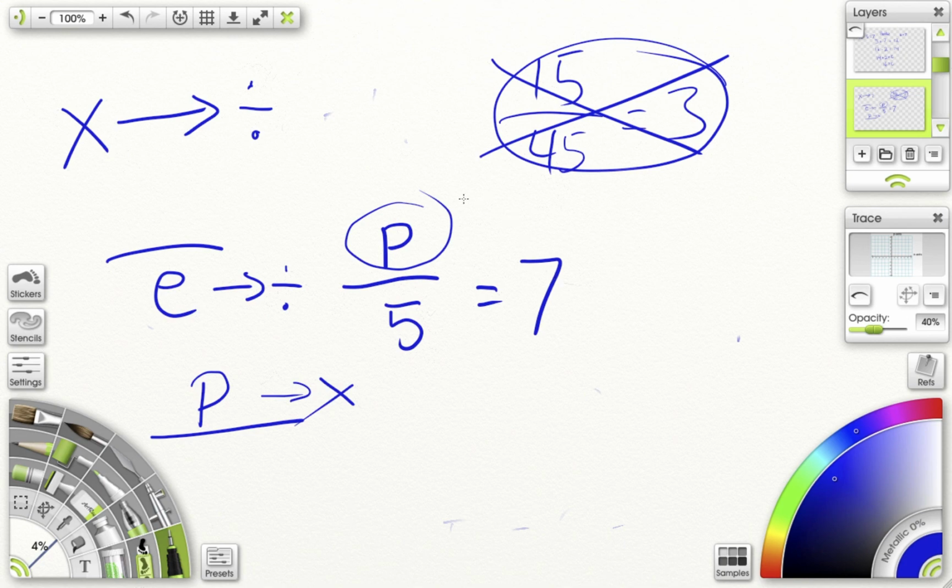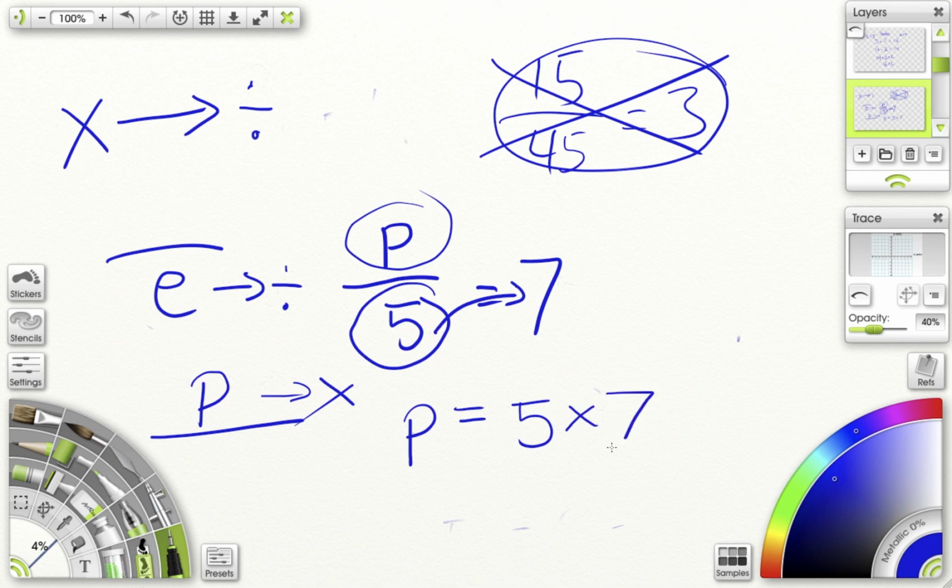I need to have a whole number on top. So what I do is I keep the p on this side of the equal sign, but I take this 5 and I move it over and it becomes multiplication. So it becomes 5 times 7. So now I have p is equal to, what's 5 times 7? 35.